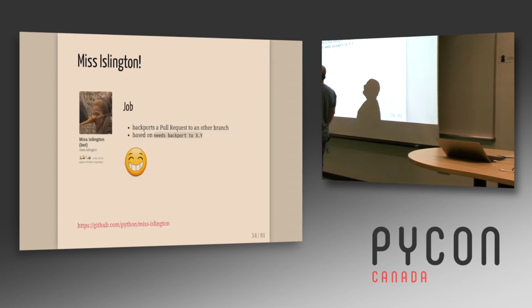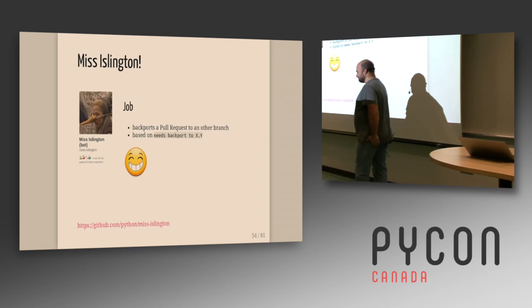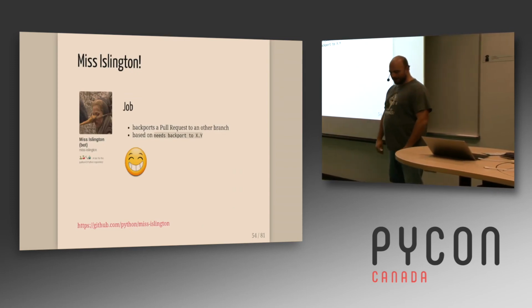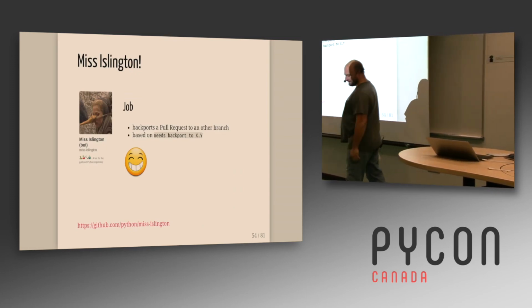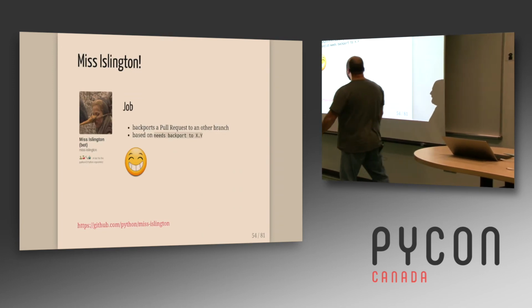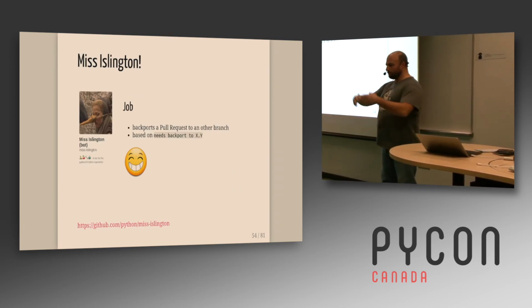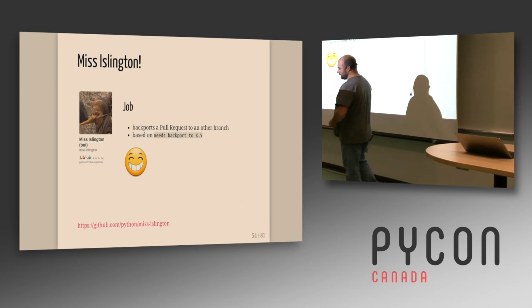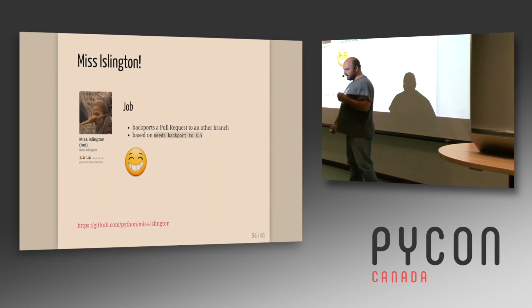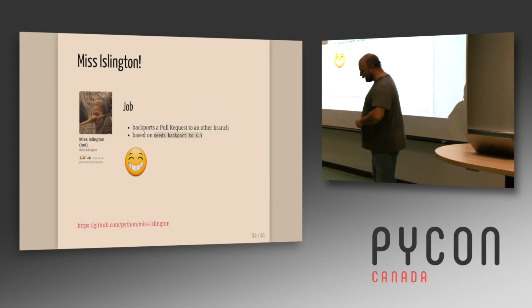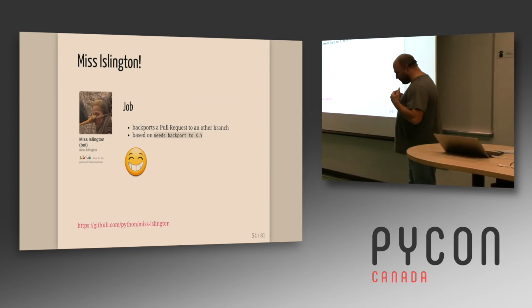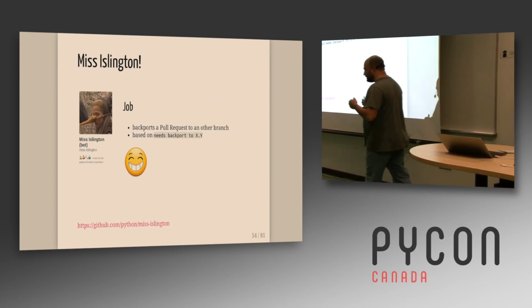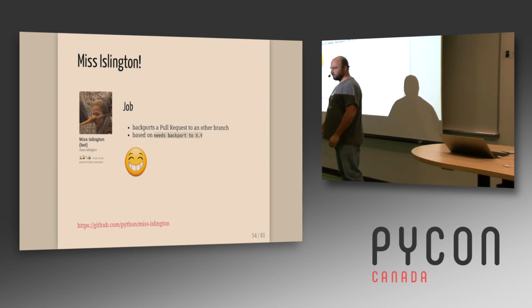And Miss Islington, thank you, Marietta. Why? Yes, okay, so I'm going to explain. We have some branches. We have 2.7, 3.5, 3.6, and 3.7, and maybe 3.4. And in fact, when we create a pull request, sometimes we need to make the backport.